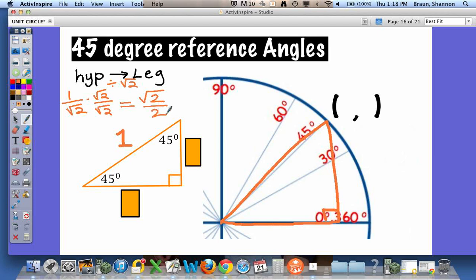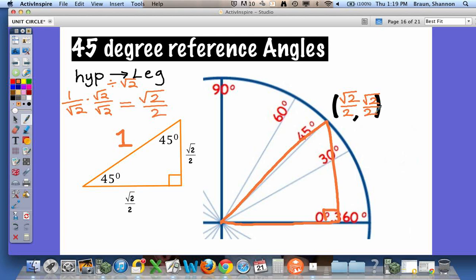And what's nice about 45, 45, 90 is both legs are radical 2 over 2. So the x and the y coordinate are the same. Doesn't that seem to make sense? Because shouldn't that point be kind of the exact middle, halfway between 0 and 90? So both your x and your y coordinate are radical 2 over 2.